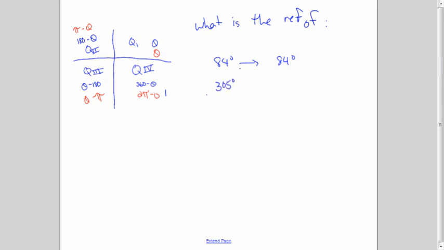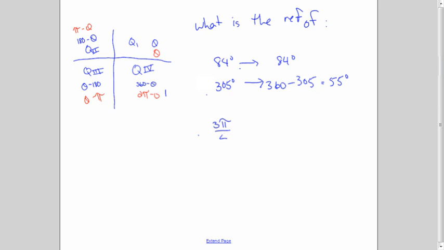Well, 305 degrees is in quadrant 4, so I'll use the quadrant 4 formula: 360 minus 305 is in fact 55 degrees. Again, it's a 55-degree angle measure that would be in standard position in the first quadrant, the reference triangle.